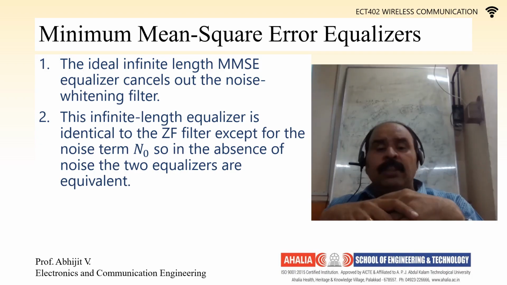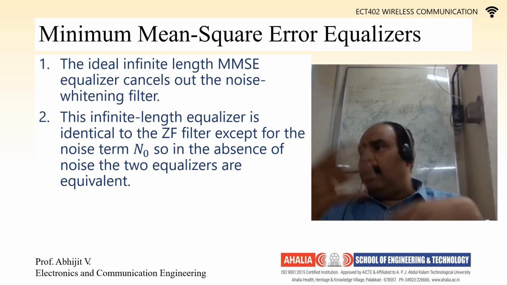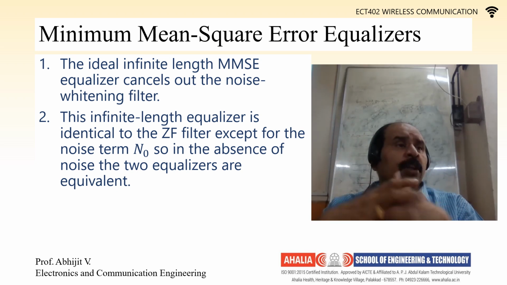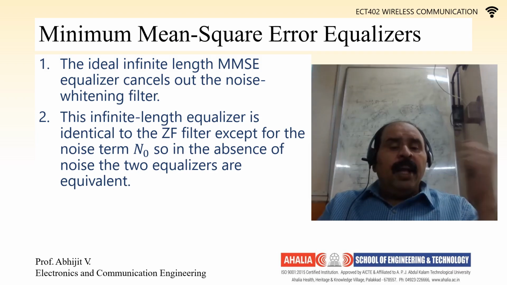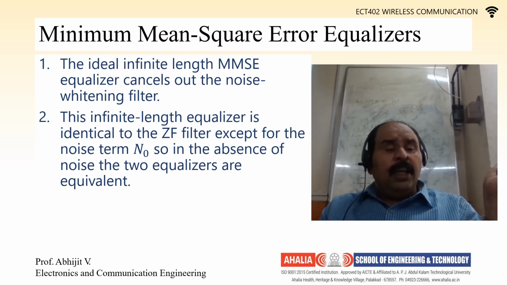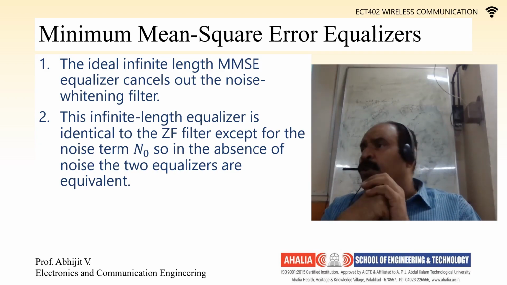An infinite length equalizer will be somewhat similar to what we have studied in the previous slides, that is the zero forcing equalizer, except for the noise term N0. So in the absence of noise, both the equalizers have almost the same working principle. Yes or no?